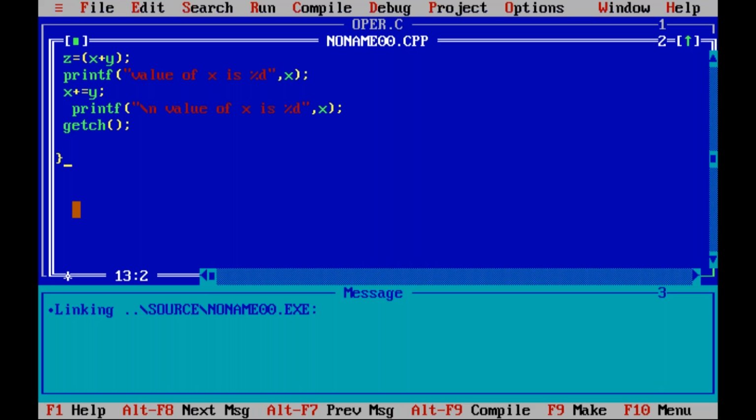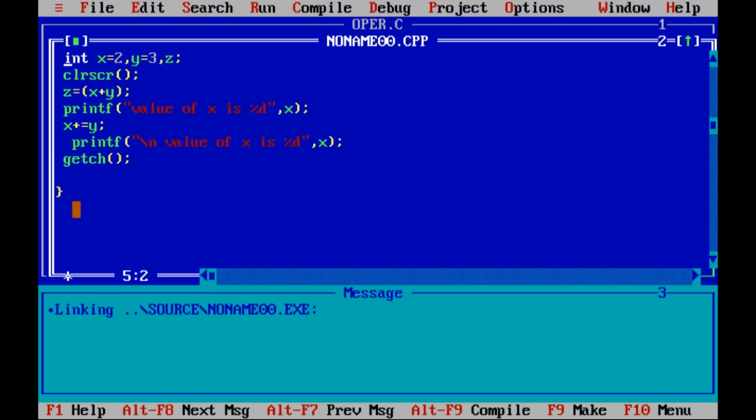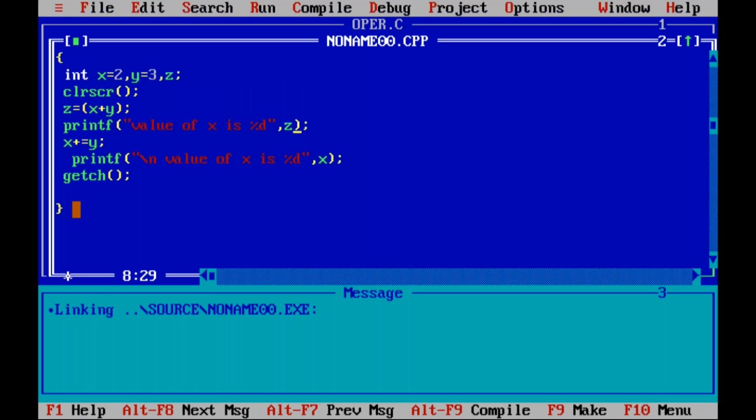Now, what I'm doing here is I have used a third variable z to store the sum of x and y, and I am using the same variables here. Why? Because here the x and y addition value, 5, is being moved to x. When executing this, the x value will be 5. So 5 plus 3 will become 8. So that is what the problem here is. So I have used a third variable here to store the sum of x and y.